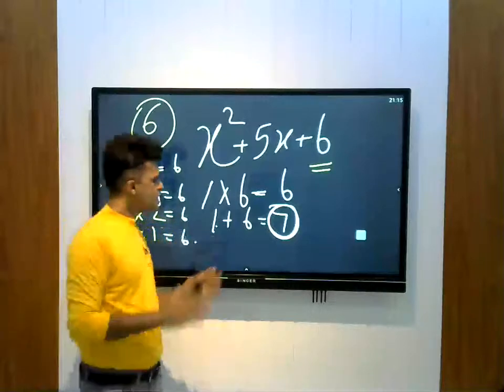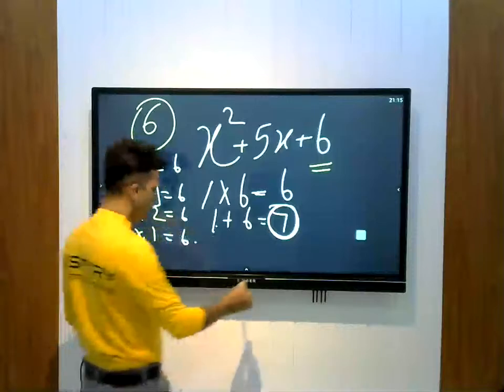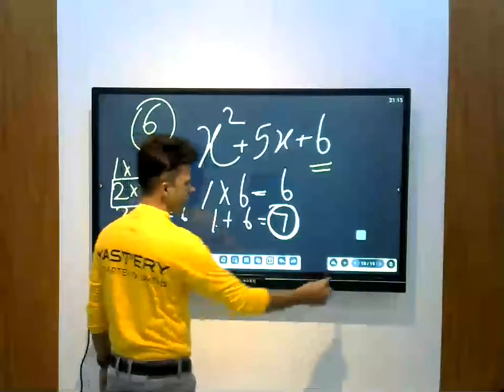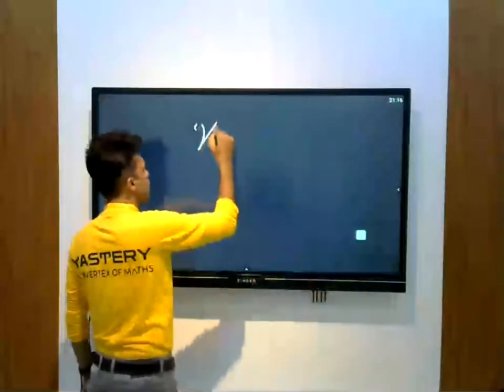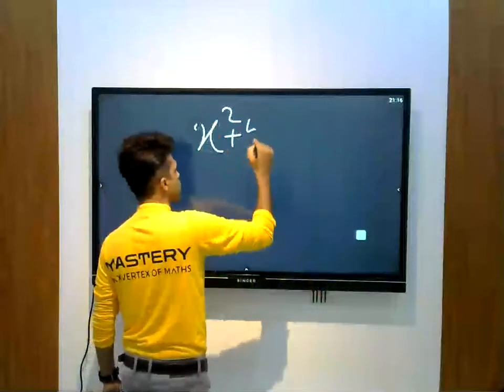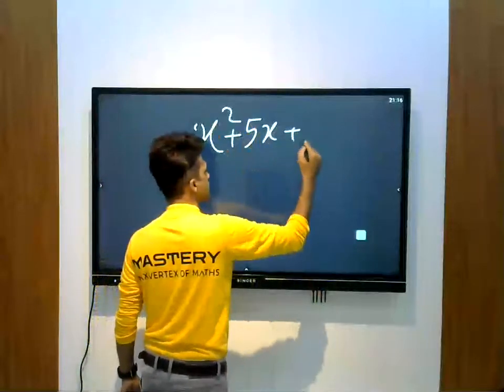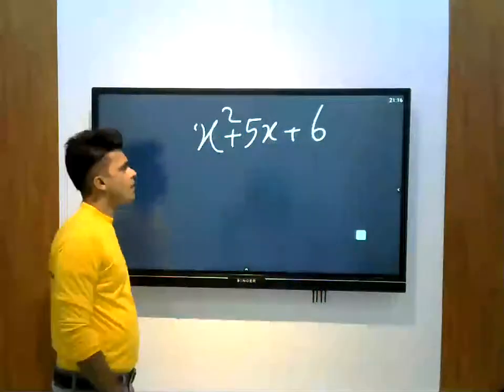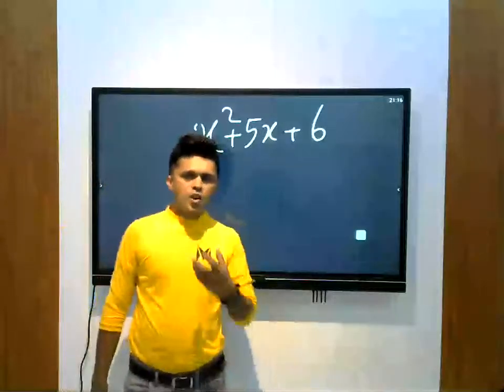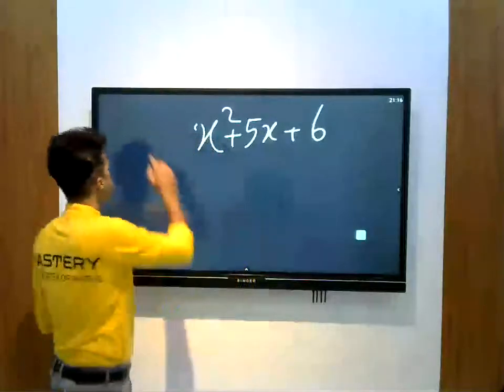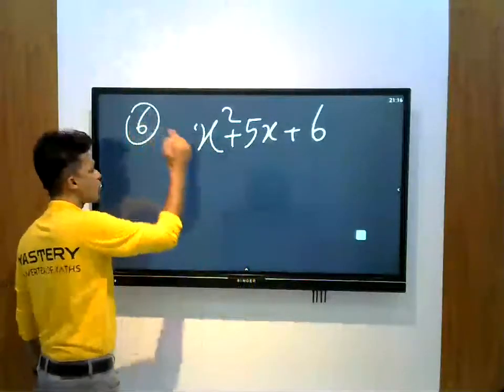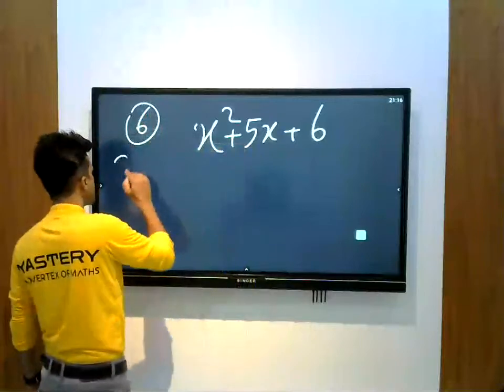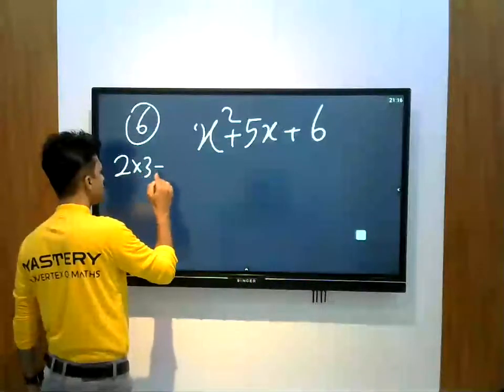Okay, now let's do this sum. x squared plus 5x plus 6. Think of the factors of 6. 2 times 3 can be considered.